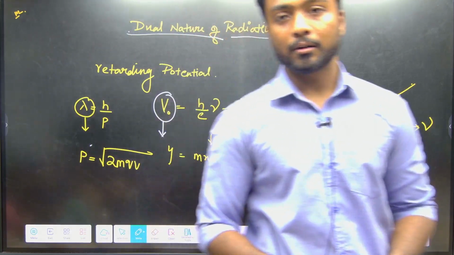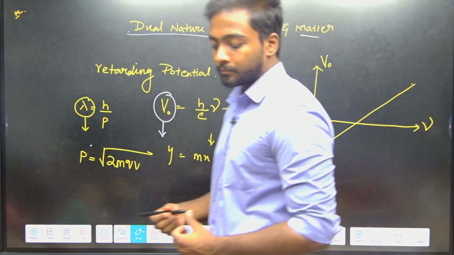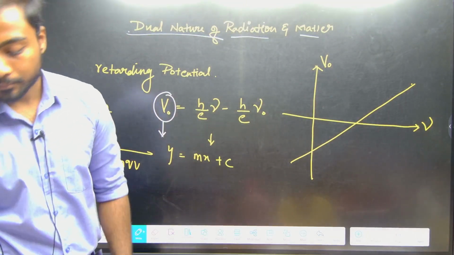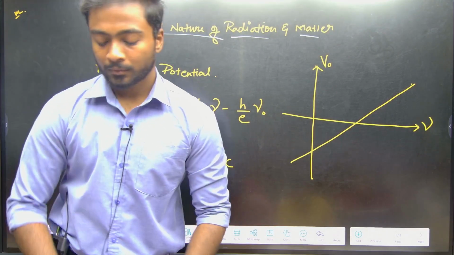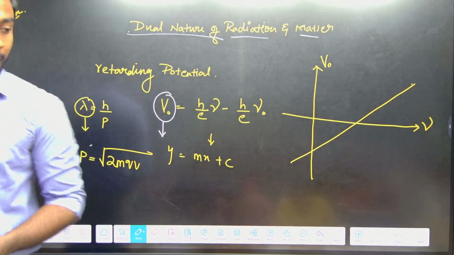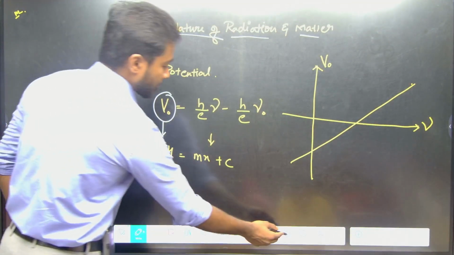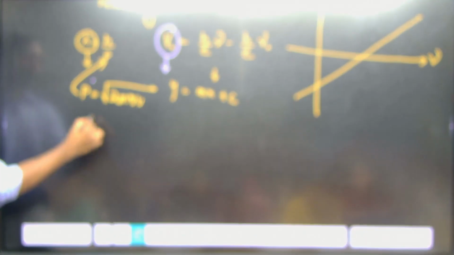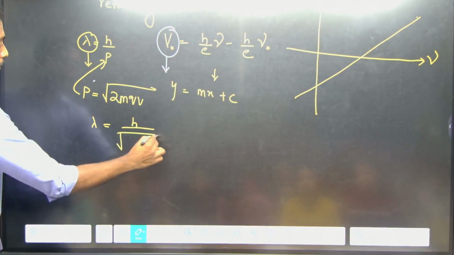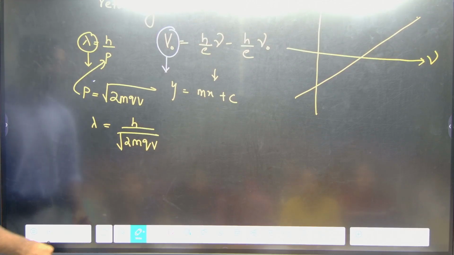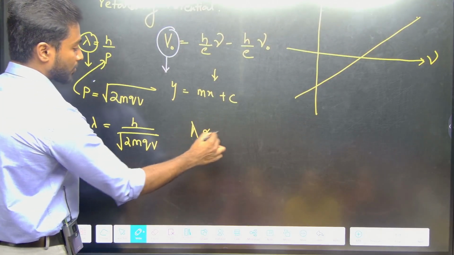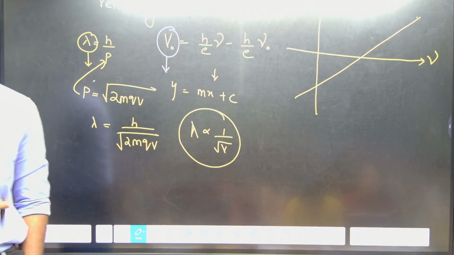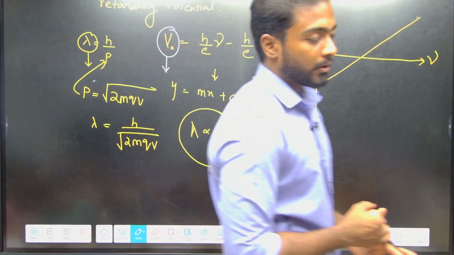P is obviously the linear momentum. So can I get the relation between the accelerating potential and lambda now? If I substitute the value, lambda will be equals to h by root over 2mqV. Most of the questions are based on lambda being inversely proportional to root V.